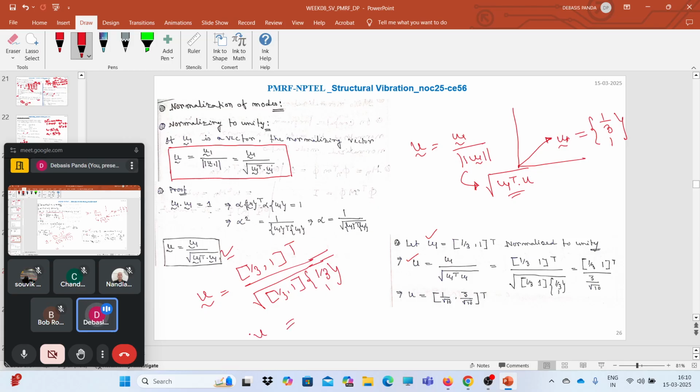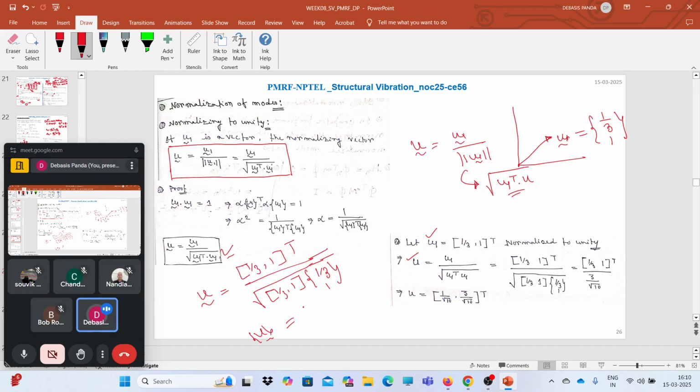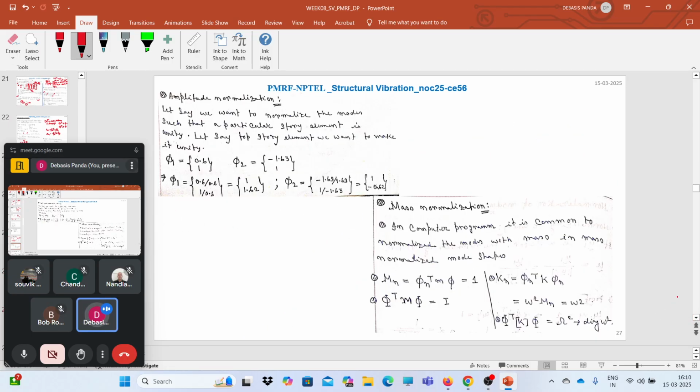So ultimately your normalized matrix will become like this, 1 by root 10 and 3 by root 10 transpose. That means when I normalize it to unity, this matrix will look like this: 1 by root 10 and 3 by root 10. Simple thing. So likewise, we can do the mass normalization and amplitude normalization of the modes.